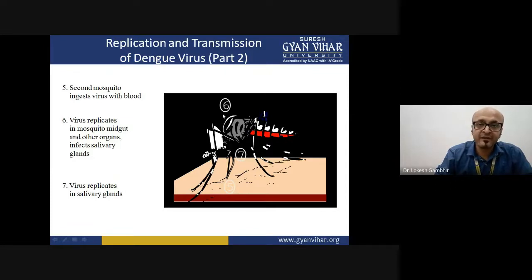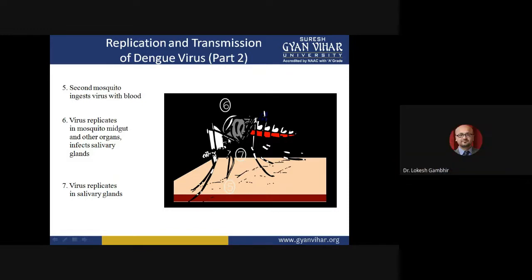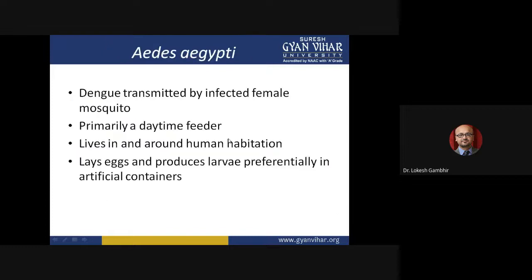And among those organs, the organ which is responsible for transmission is the salivary glands. So it affects the salivary glands. So you see, the affected mosquito will bite, and because the virus is now present in the salivary glands, the virus gains entry inside the normal host.